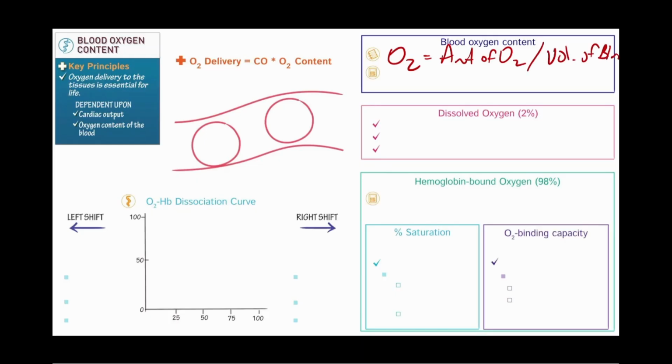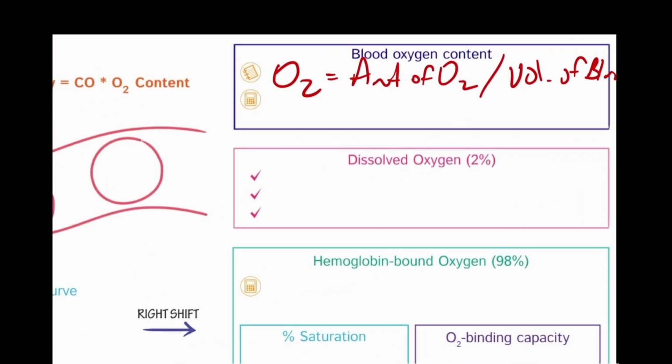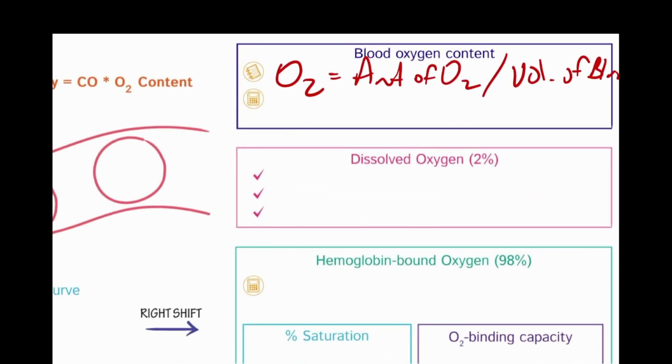So the O2 is the amount of oxygen divided by the total volume of blood. That tells us what our O2 content is. Okay, our O2 is like whatever 50, our blood content is 5 liters, multiply it out, tells you what oxygen is.